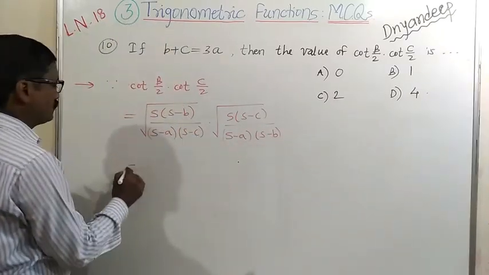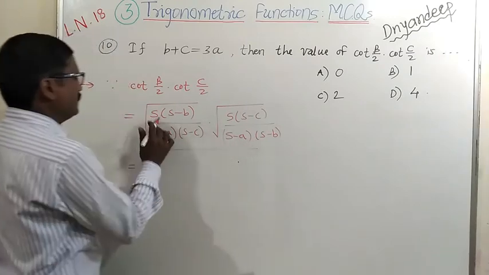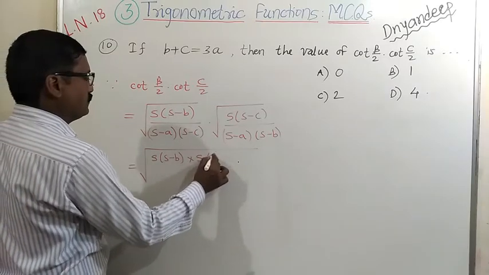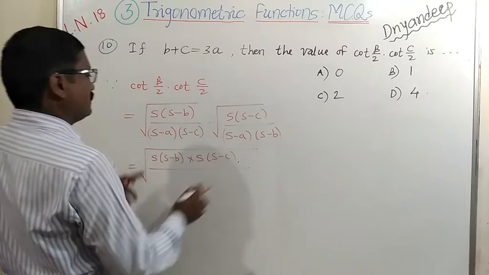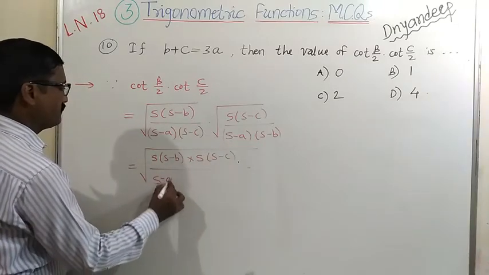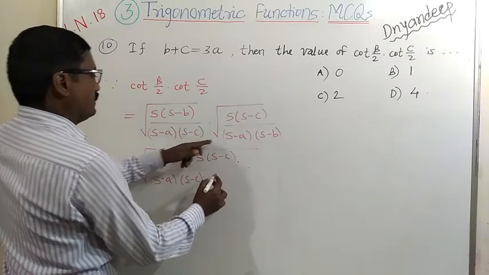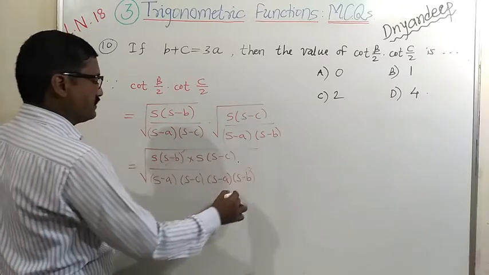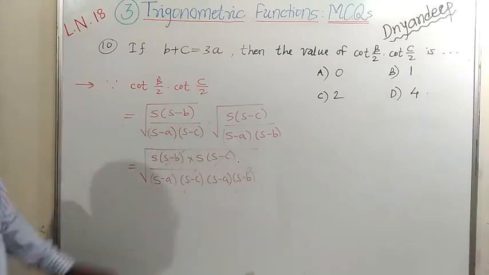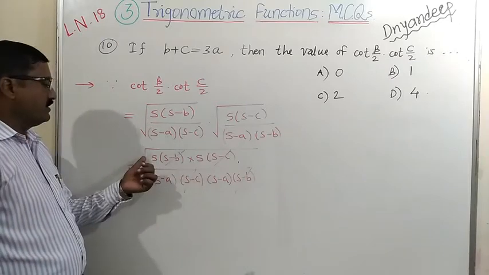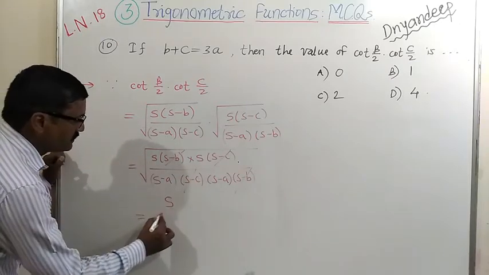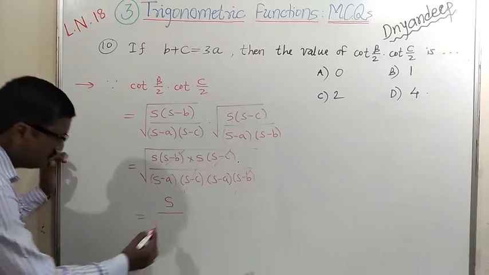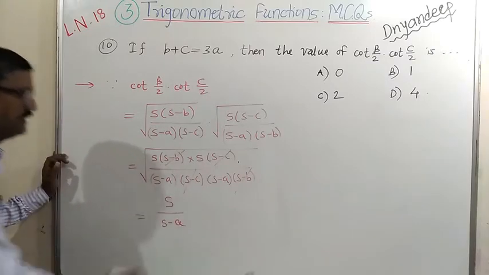Both are under root, so we can write all terms in a single root, that is s into s minus b into s minus c, whole divided by the product of denominators, that is s minus a, s minus c into s minus a, s minus b. Here one s minus b can cancel, s minus c also will cancel. In the numerator remains s into s, that is s square, under root s square, it will be s. In the denominator s minus a square, and because of this root it cancels, remains s minus a.